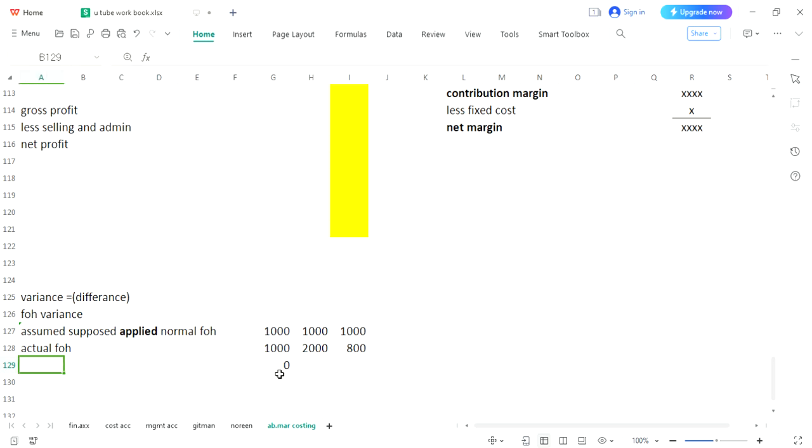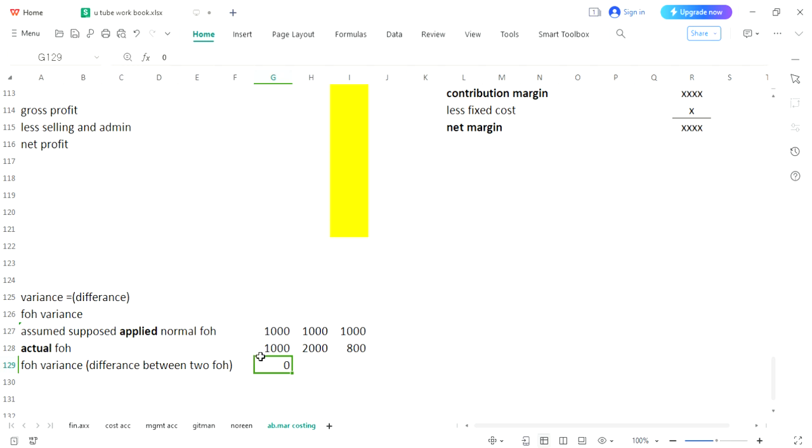The difference we will be calculating over here is called FH variance, and this variance is the difference between two types of FH. Here we have our applied FH, and here we have actual FH, and the difference between these two types of FH is called variance.